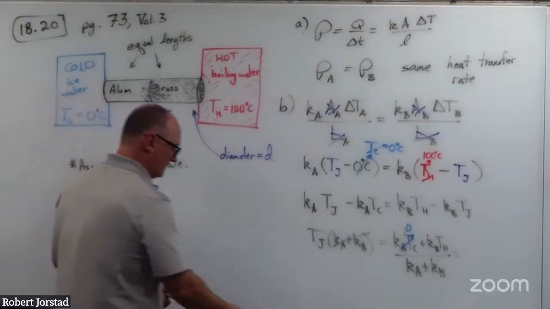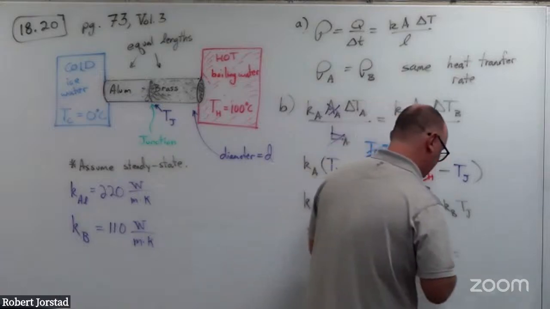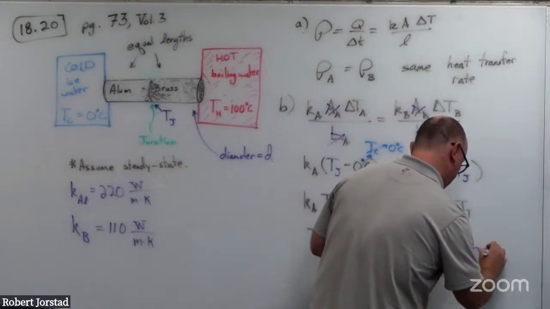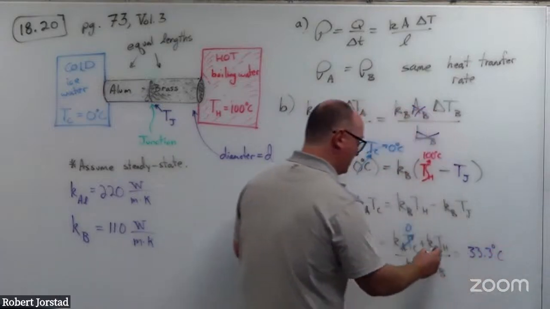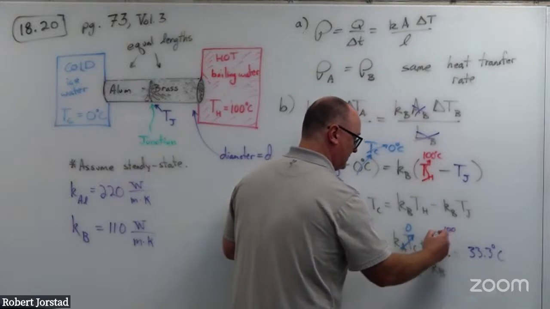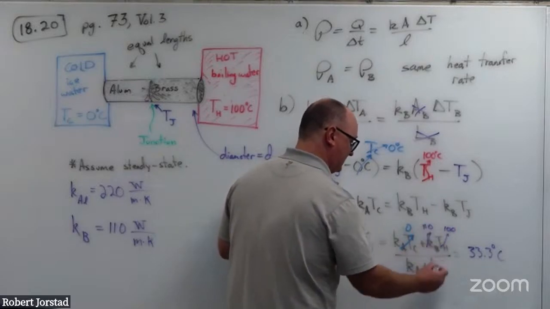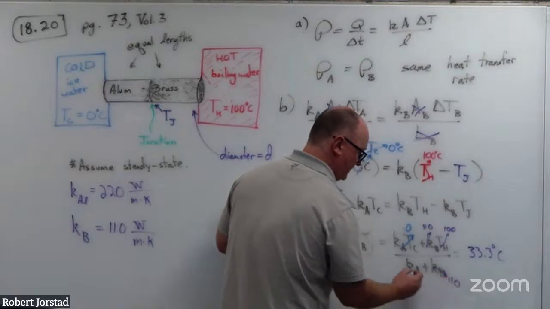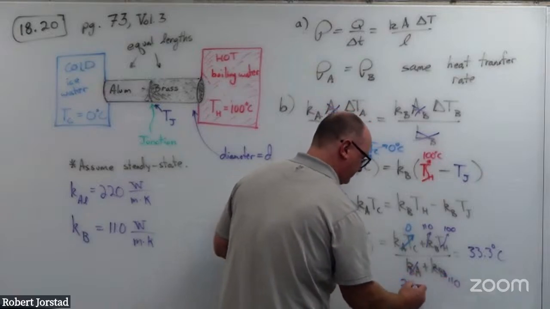And I get 33 point something. Remember, this is 100. This one is 110. And this one was 220.